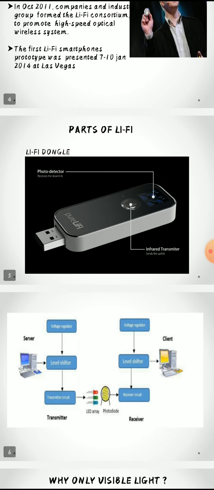If we talk about parts of Li-Fi, in a Li-Fi dongle there are mainly two components. First is a photo detector, second is an infrared transmitter.